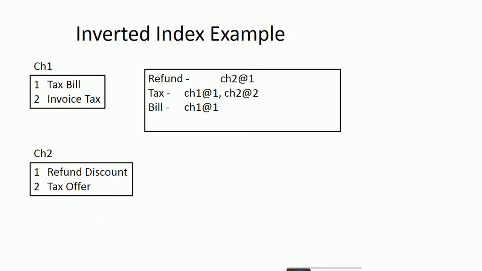Okay, this is another example, the inverted index example. Let's say you use reference books or any book, and you go back and you will find some glossary, which is called an inverted index. You will find certain words, and in front of each word you get a page number or chapter number where that word occurs.